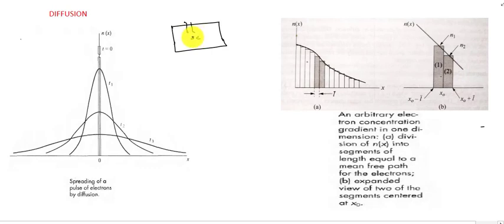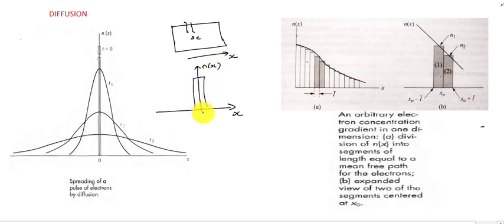At time t equal to 0, at x equal to 0, this is the x position in the semiconductor, and we are measuring the concentration n of x.